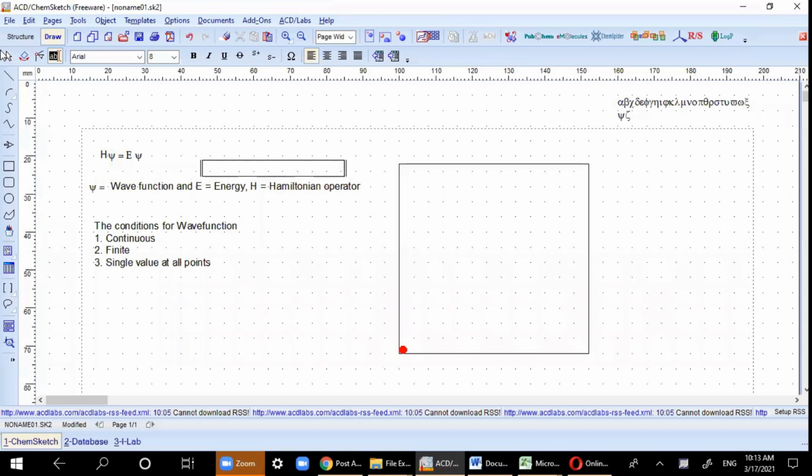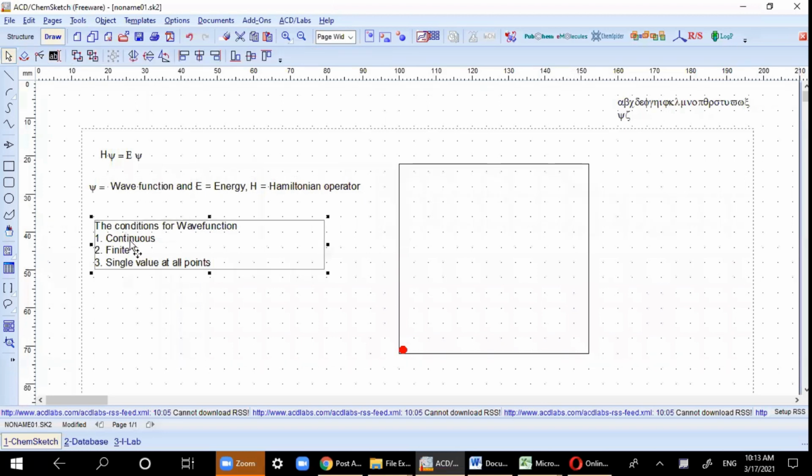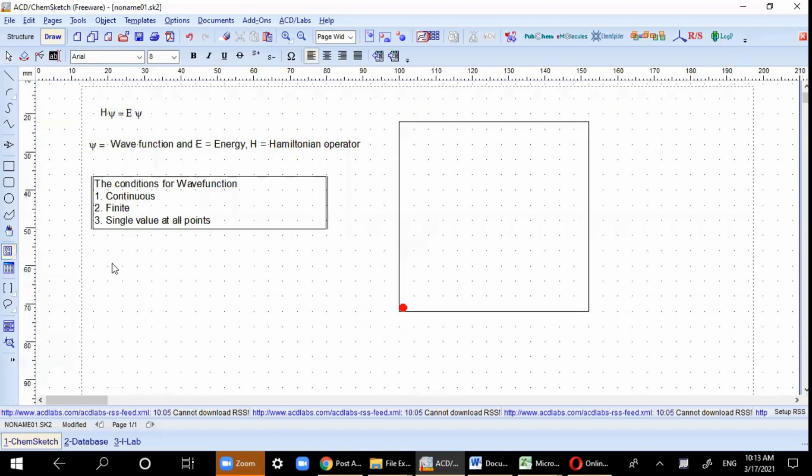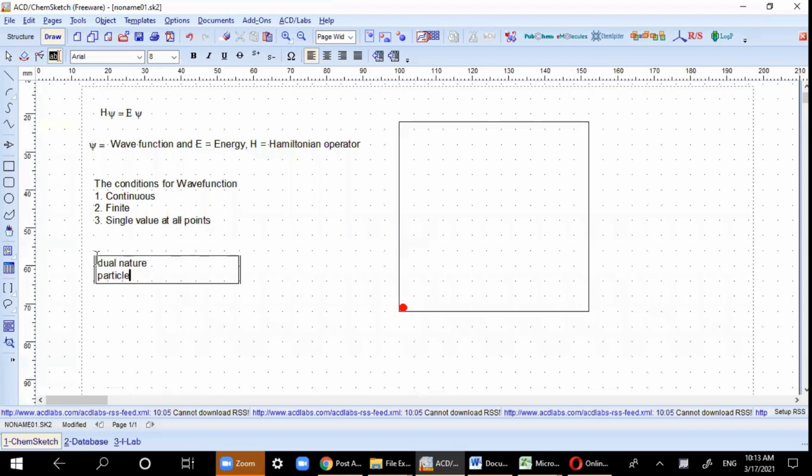In a similar way, we are assuming the conditions for the wave function. De Broglie considered the dual nature, particle nature as well as wave nature. This is de Broglie's theory.